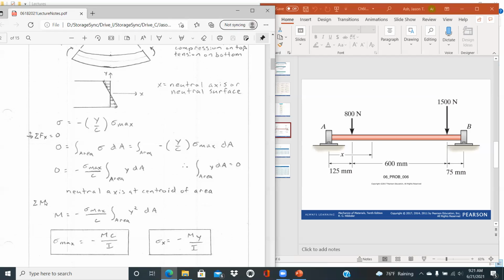And so then if you sum moments, you'll find that your sum of moments then is minus sigma max over c times the integral over the area of y squared dA. Essentially your force times your distance gives you your moments.